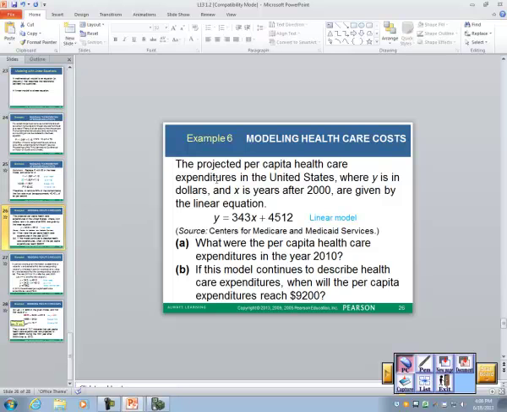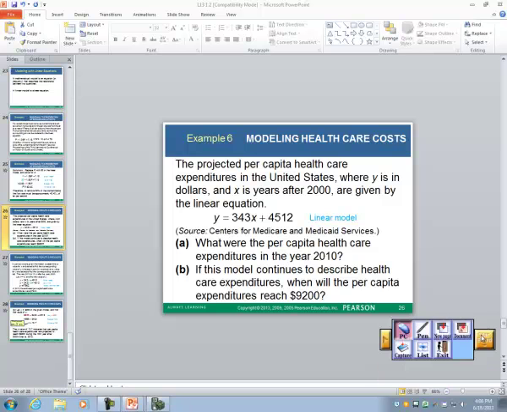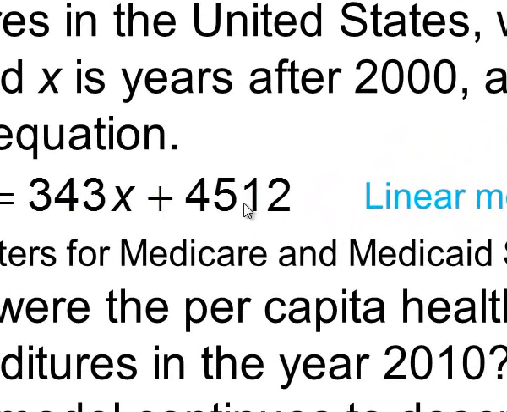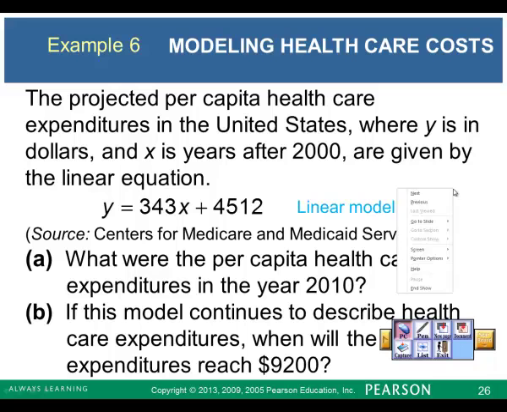All right, here we have the projected per capita healthcare expenditures in the United States, where Y is in dollars and X is years after 2000, given by the linear equation Y equals 343X plus 4,512. What were the per capita healthcare expenditures in the year 2010? Now keep in mind, what are we starting with here?